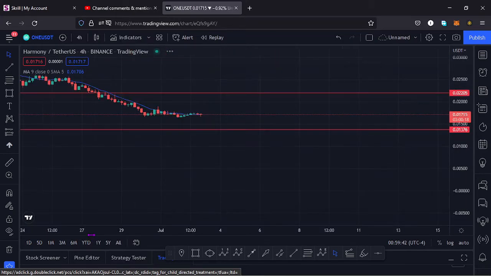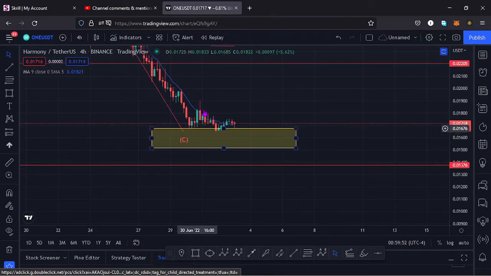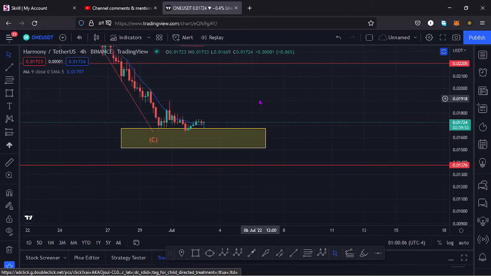On the 4-hour chart, this is how it looks, and I believe in this ABC correction, Harmony One might have done whatever it needed to do, and soon we might see a nice bounce to the upper side, and in that move we might go back to an all-time high.